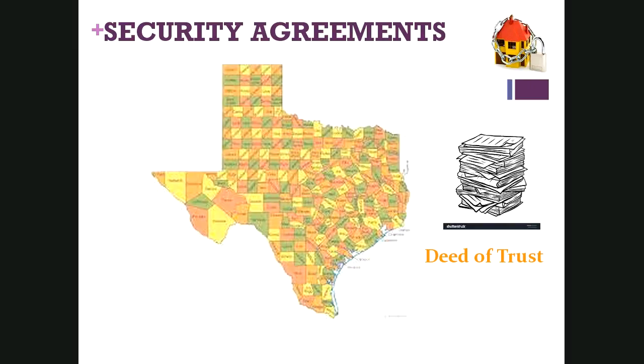So when we talk about mortgages and deeds of trust, the term mortgage is sort of a generic term. It just means that you've borrowed money to pay for a house and you're paying it back over time, and the lender has a lien on your property. Like I said, in Texas we use the deed of trust, but you don't necessarily use that term.